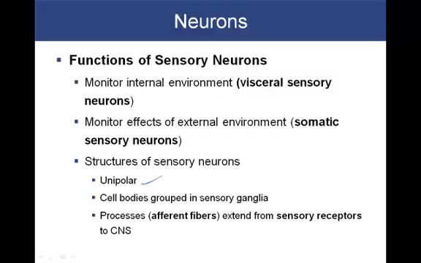When you look at a nerve, and this is something we'll look at a little bit later in lab, often you have these enlarged pouch-like regions, and this is where the cell bodies of the neurons tend to lie, with their axons running off in either direction. Sensory neurons have processes that extend from the sensory receptors in the body, such as those Merkel cells, all the way up to the central nervous system.